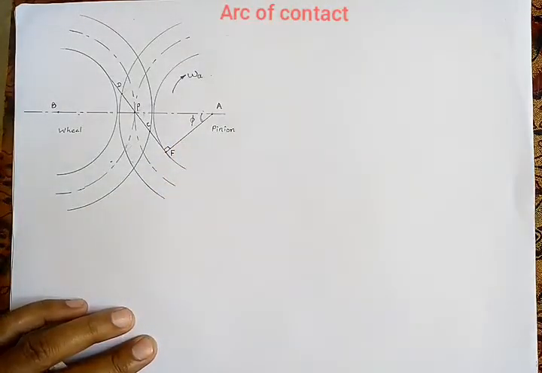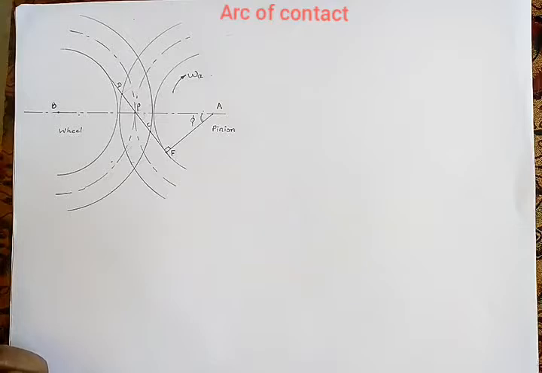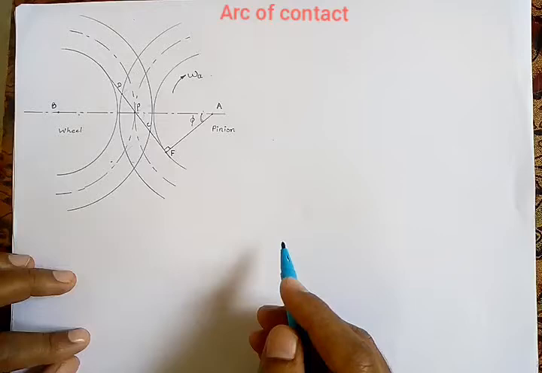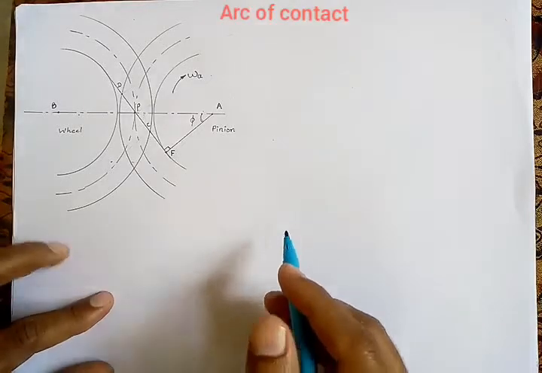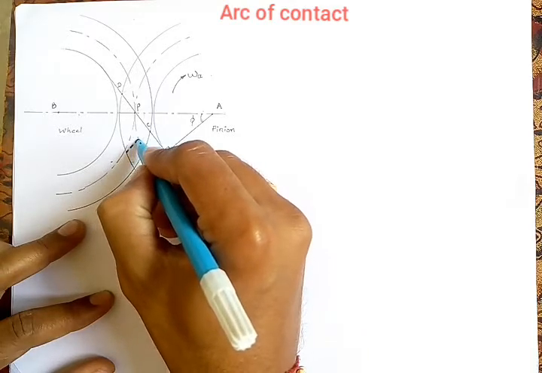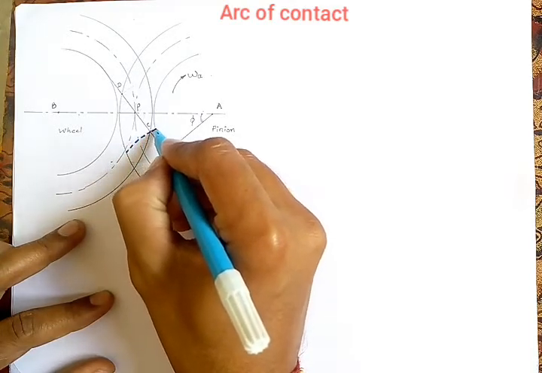Now, let us consider the profile is involute for the pinion as well as the gear. So I am going to draw the position of this involute profile at the start of engagement, that is at point C. So when the profile is at point C, it is as shown.